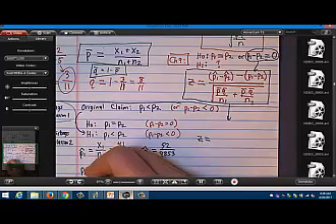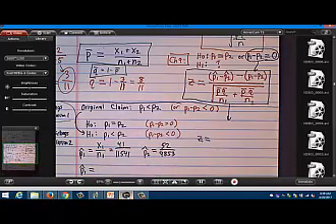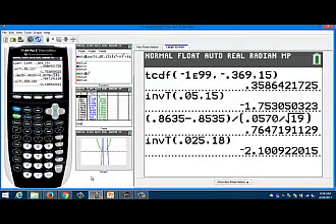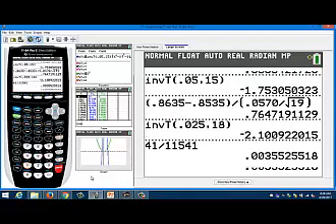P1 hat is equal to 41 over 11,541 on my calculator. Oh, that's pretty small. Well, good. It's a fatality rate, right? Less than 1% of those in the car crashes were actually killed. 0.0035. What was P2 hat? Was it smaller or bigger?